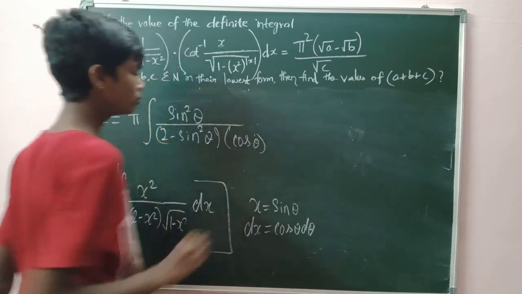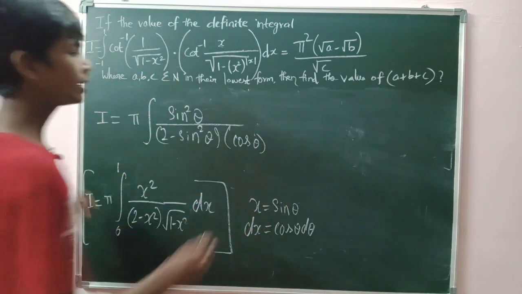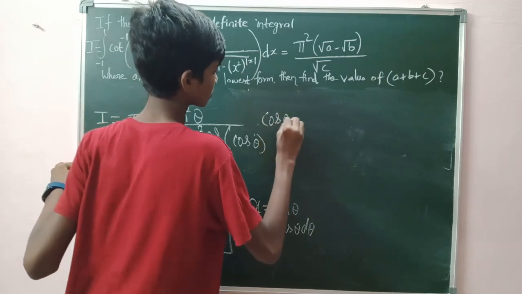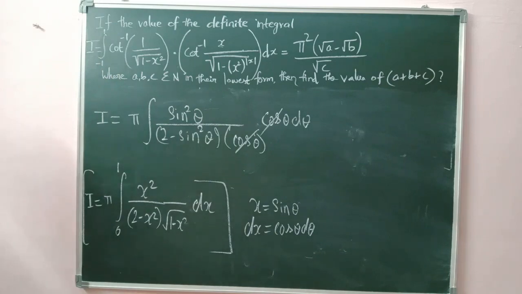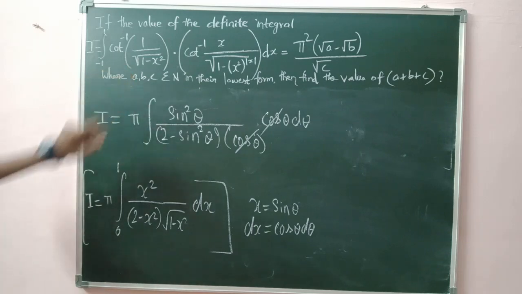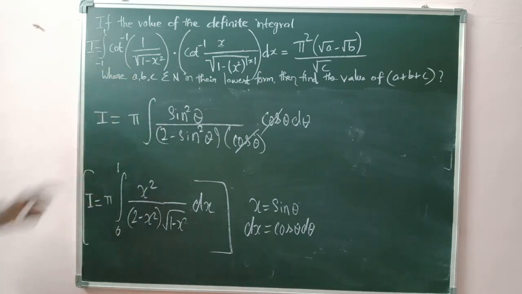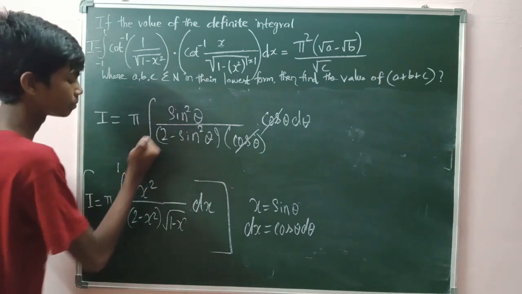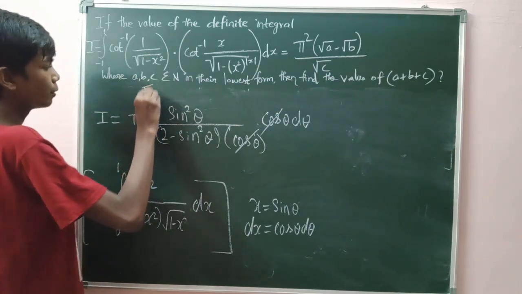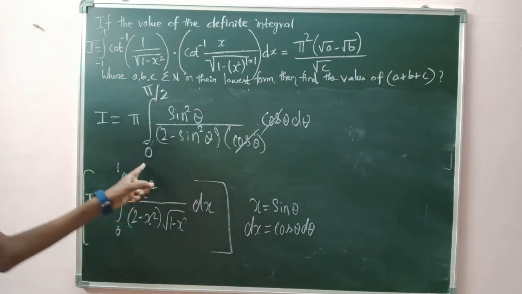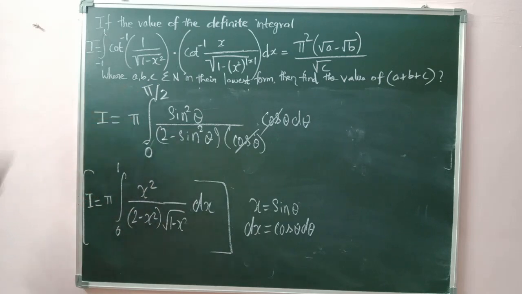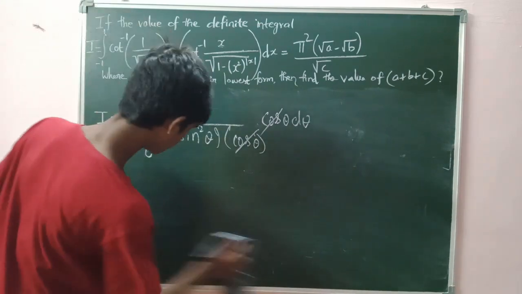Then times dx is cos theta d theta. So this cos theta cancels, and what will be your limits? So these 0 and 1 are the values of x. So we need to put the value of theta over here. So sin of 0 is 0. Sin of 1 is pi by 2. I mean, you will get x is 0 if theta is 0, and you will get x is 1 if theta is pi by 2. That's all. That's the methodology of solving your limits when we're using a substitution.